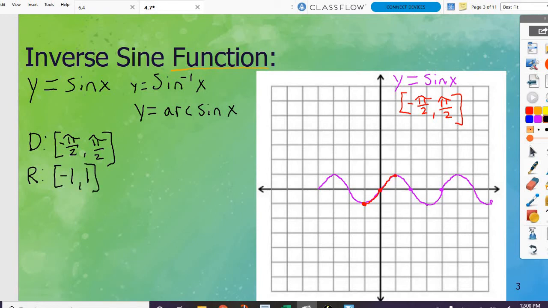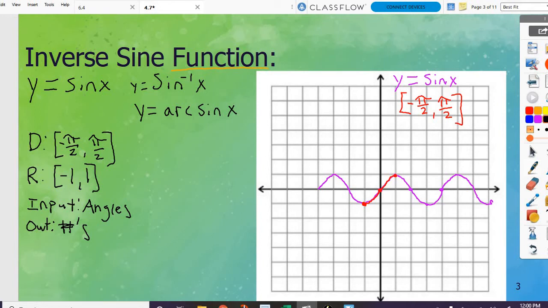You okay with that? So notice that my input here are angles, and my output are just normal numbers. I mean, those numbers have to be between -1 and 1, but they're just numbers. Yes? Okay. Now remember, before we find our inverses, we swap our x and y.